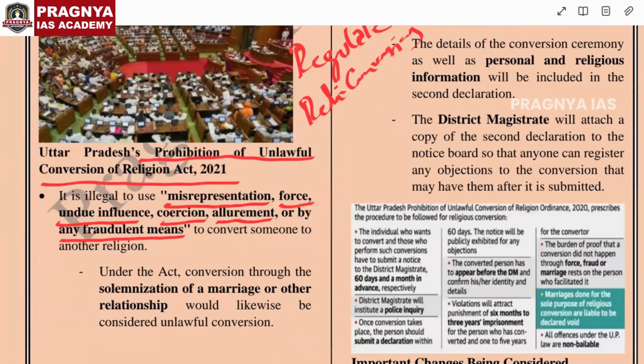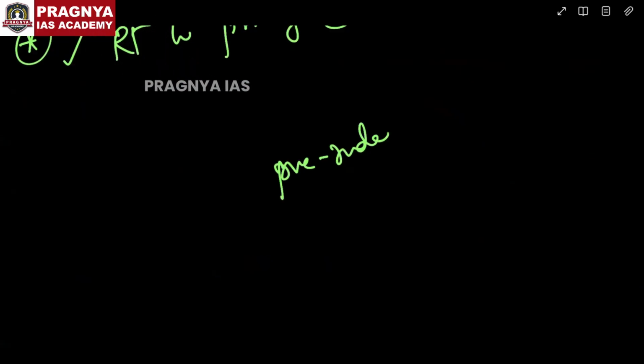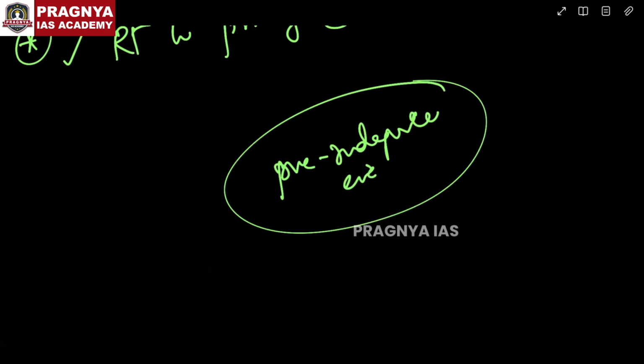Why? In the sense, under the pre-independence era, before India gained independence, several princely states enacted these types of anti-conversion laws, especially with an aim and objective to restrict missionary activities and conversions to Christianity.